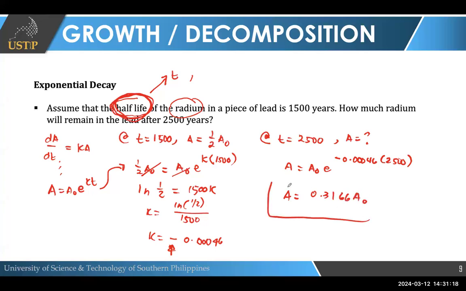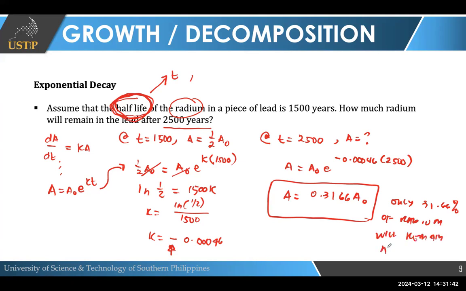So what is the implication? What remains after 2,500 years, you can say in percent, is only 31.66 percent of the radium. It will remain after 2,500 years. Okay, so that's how you make a conclusion.